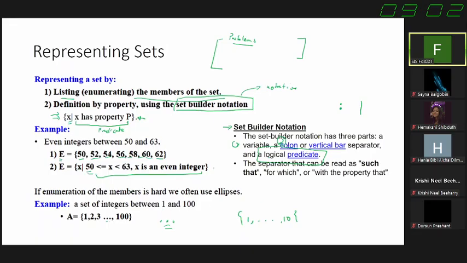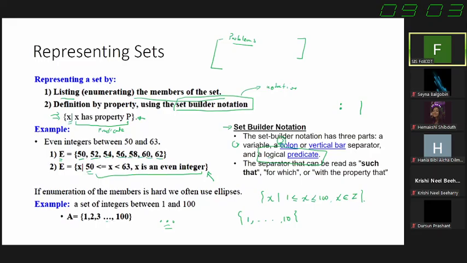You can use set builder notation, like this: x such that x is between 1 and 100, that is, 1 less or equal to x less or equal to 100, or x less than 101, and x is, let's say, an integer, and so on. That's one way of putting it. That's set builder notation.